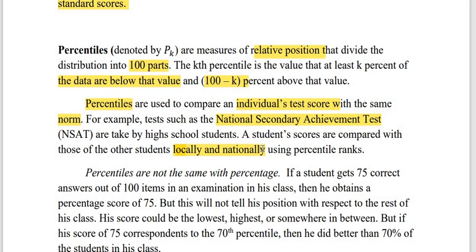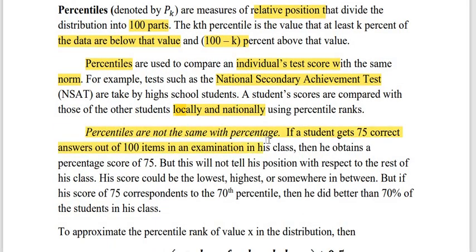Siyempre, para makita natin kung pantay-pantay ba yung knowledge na nakukuha ng mga estudyante sa buong school, or para kumbaga standardized ba yung knowledge na naibibigay sa iba't ibang school, or kung saang school ang angat or saang school ang may magandang quality of learning. So, yan ang nagagawa ng percentile sa National Achievement Test.